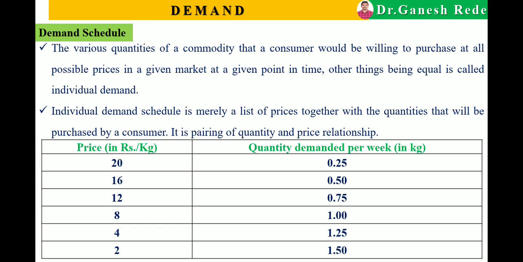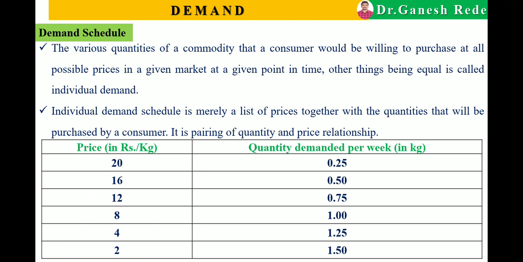Now next is demand schedule. As we have learned in the definition, the various quantities of goods that a consumer would be willing to purchase at all possible prices in a given market at a given point of time, other things being equal, is called individual demand.